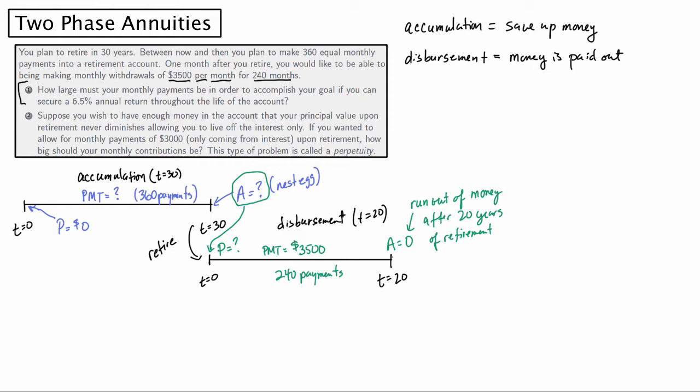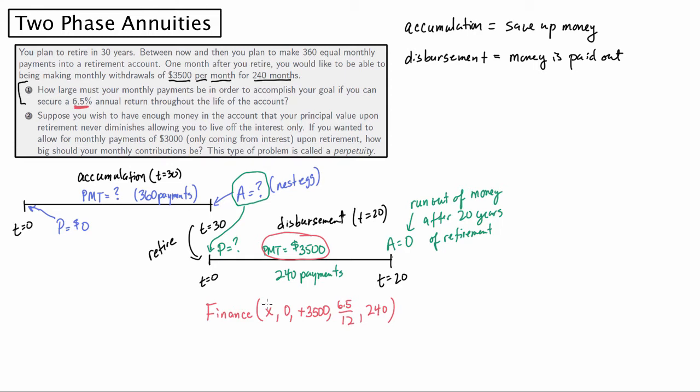And so if I think about the disbursement phase, let's see what we have going here. The idea is we start with an unknown amount whose future value is 0. We're making payments to ourselves, so that's positive cash flow, in the amount of $3,500. The interest rate here is 6.5% for the entire problem, so 6.5 divided by 12 because it's monthly, and I'm going to do that for 240 months or 240 payments.